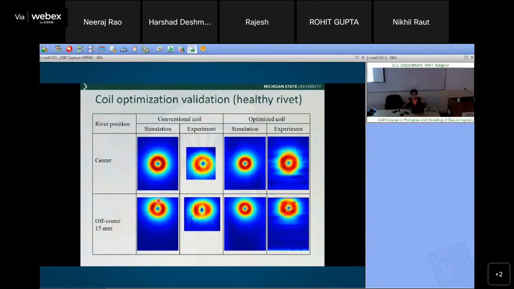Does it make sense? This is the uniform coil. This is the optimized non-uniform coil. When everything is at the center, there is no difference. But when the rivet is at a corner, at the edge, the non-uniform coil gives us a better result. That means if there is a defect in that rivet, this will have better sensitivity.